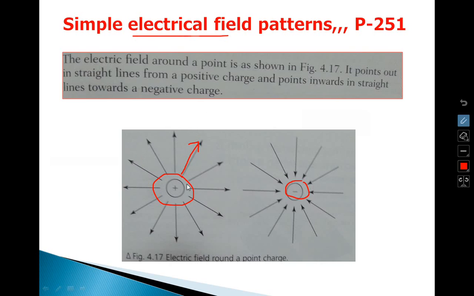So if the charge is positive, the lines point straight out of the charge. And it points inwards, also in straight lines, towards a negative charge. So if the charge is negative, the lines of the electrical field point inwards.